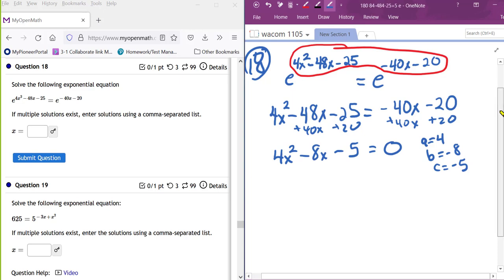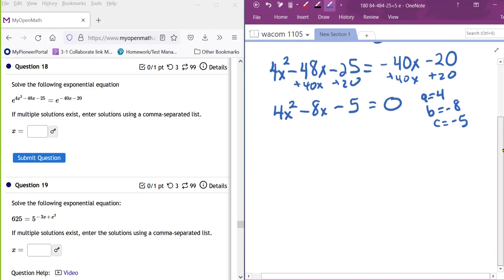And we'll try to scroll down to just work on that. So I'm going to just plug straight into the quadratic formula. So x is equal to negative b, so I need to put a positive 8, plus or minus the square root of b squared minus 4 times a times c.